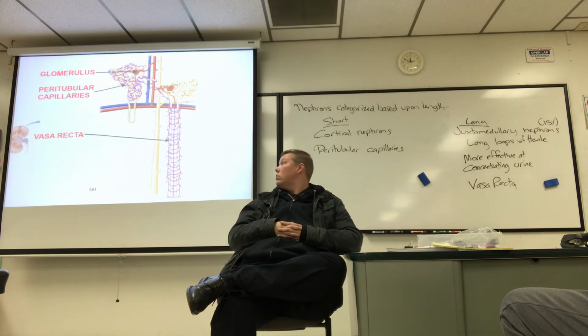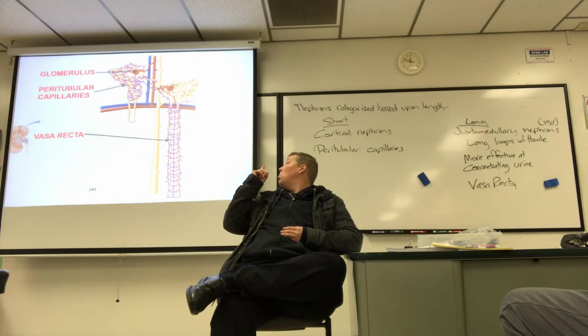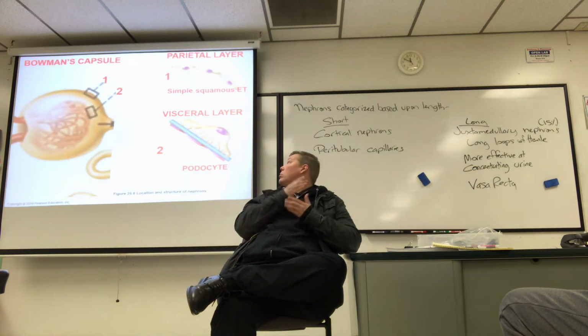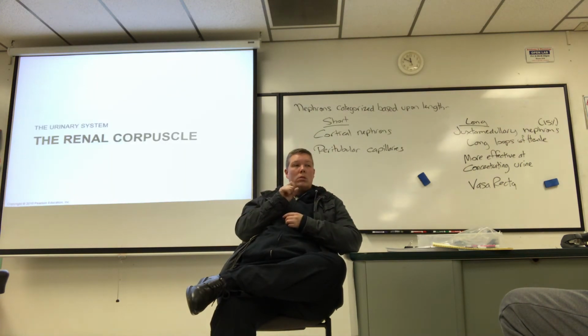Here are those three capillary beds shown here. I just kind of point to them. But let's take a walk through the nephron, looking at things more closely. For example, the first part with the Bowman's capsule and the glomerulus is actually called the renal corpuscle. Let me write this term on the board.